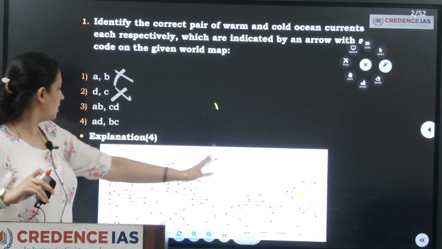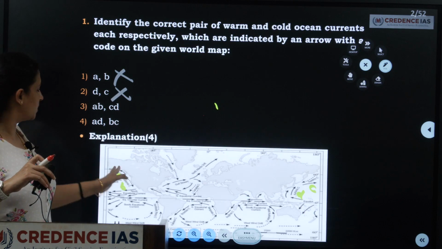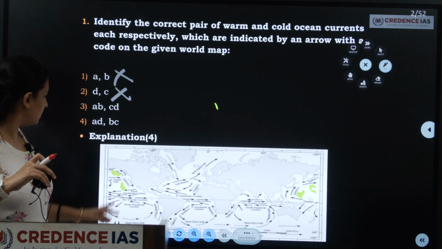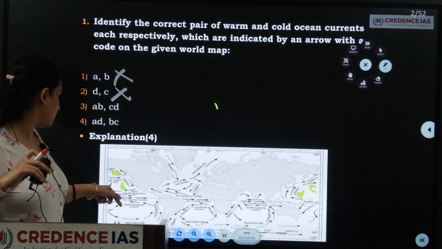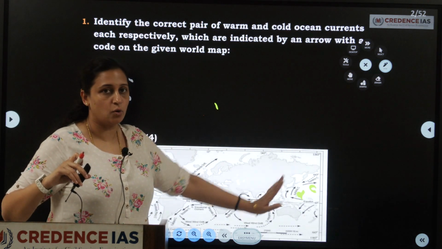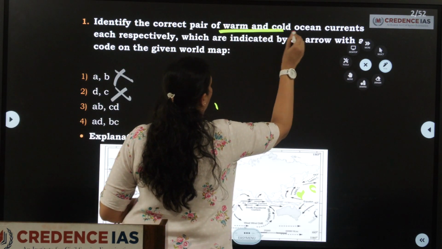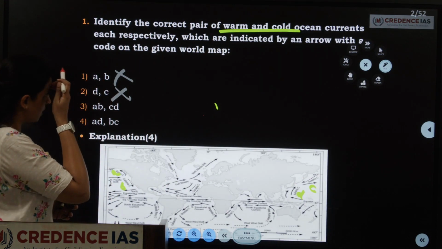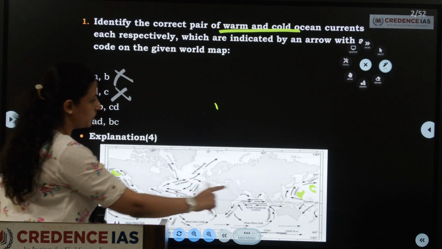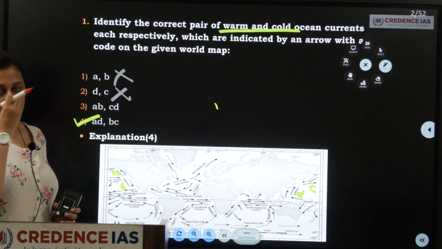These are cold currents. Coming to warm currents, the Alaskan current, towards Canada's Alaska, is a warm current, and the other one is the Kuroshio current, which is also a warm current. As they have given the pair of warm and cold currents, warm currents are A and D, whereas the cold currents are B and C. So ADBC is the correct answer.